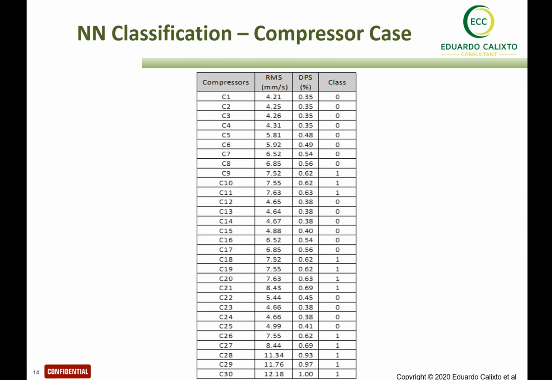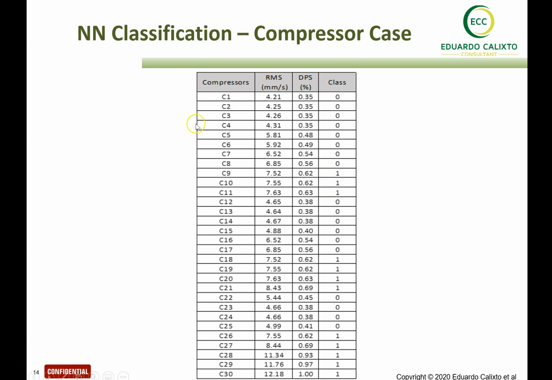So now let's take a look at a more complex example. If I want to classify the compressor shaft vibration in 2 levels, let's say medium and high. For medium values, I have class 0. For high values, I have class 1.